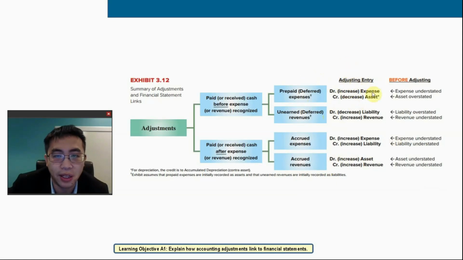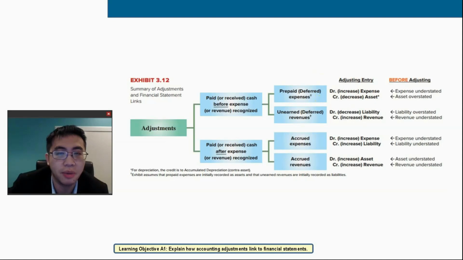So when time goes by, then you will see that the prepaid expense as the asset actually reduces value. It's because as time goes by, you have expenses being incurred every month and every year.